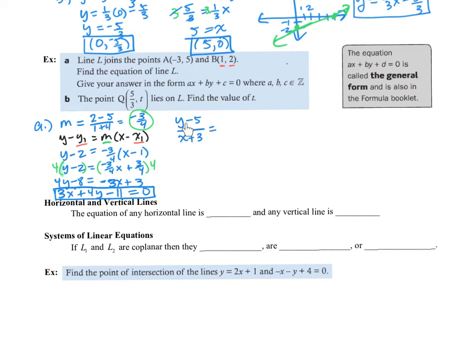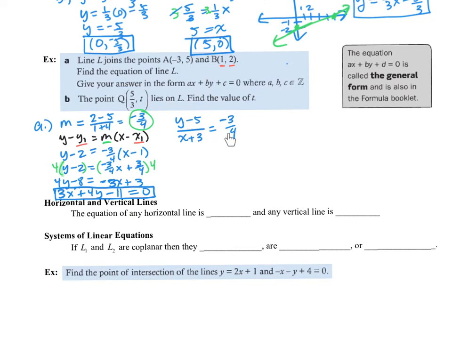So if we let x, y be any point on the line, then the y value of any point minus 5 over the x value of any point minus negative 3 or plus 3 gives us the slope of negative 3/4. Remember, we already found that slope earlier.